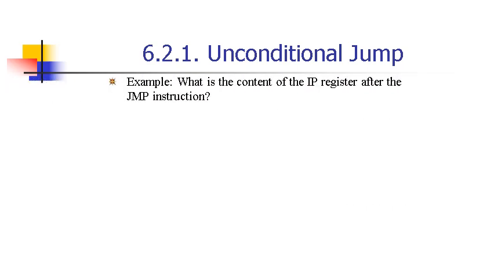So this is another example for the unconditional jump. Now we are providing a 32-bit operand. By this 32-bit operand, it means you need to go to a new code memory segment.